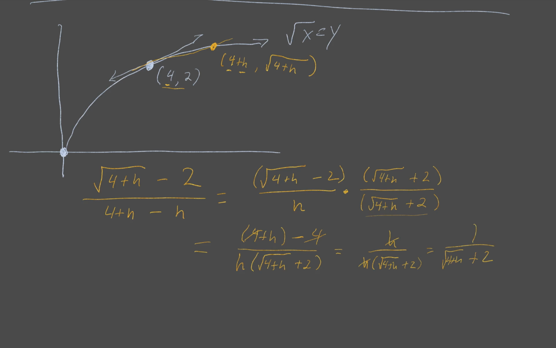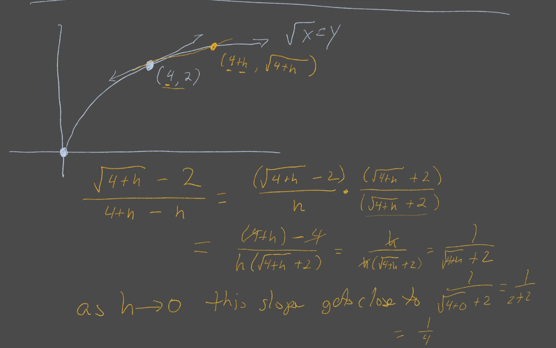Okay, now I can let h get really close to 0, and I'm not dividing by 0 anymore. So as h goes close to 0, this slope gets close to 1 over the square root of 4 plus 0 plus 2, which is 1 over 2 plus 2, 1 over 4.